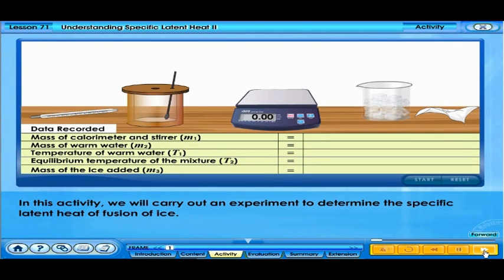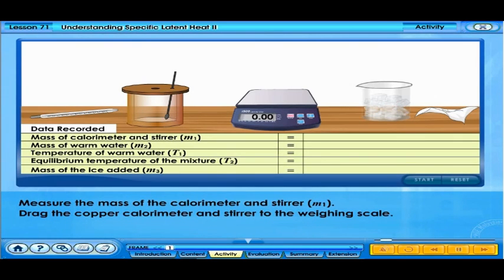In this activity, we will carry out an experiment to determine the specific latent heat of fusion of ice. Measure the mass of the calorimeter and stirrer, M1. Drag the copper calorimeter and stirrer to the weighing scale.